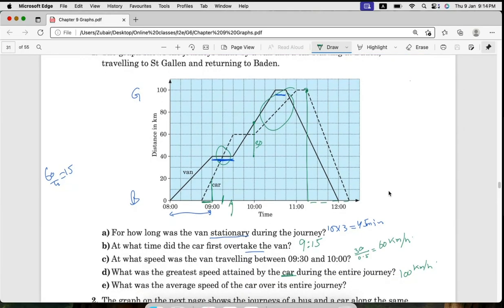E part. What was the average speed of the car over its entire journey? Average speed is total distance divided by total time. Can you tell me what is the total distance traveled by the car?